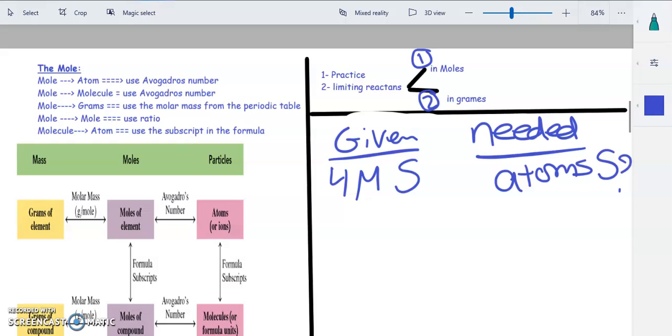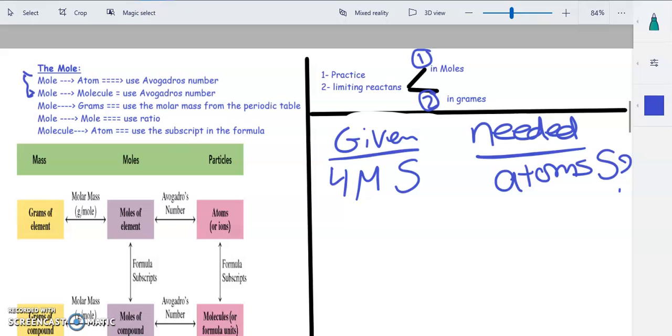So this is the problem basically, and we'll explain both of these, but this one specifically will explain the atoms and the moles.